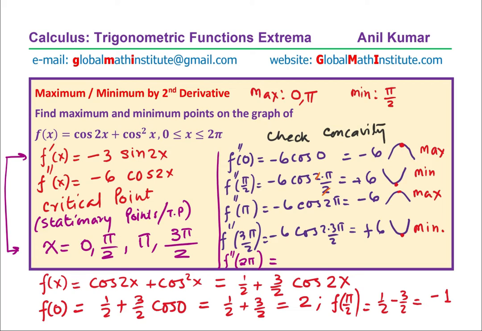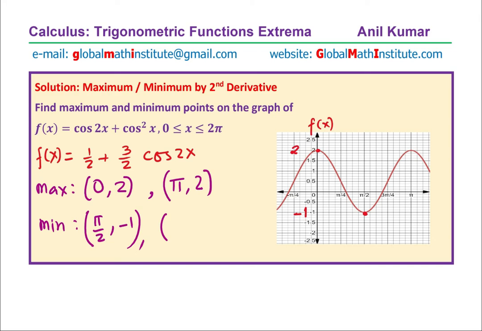So at 2 pi, cos of pi will be -1. So we get -6 cos of pi, which is equal to 4. Cos of 4 pi. So we'll put 2 pi there, so 2 times 2, which is going to be positive, and so the answer will be negative. Right, so I forgot to add this. Please add this.